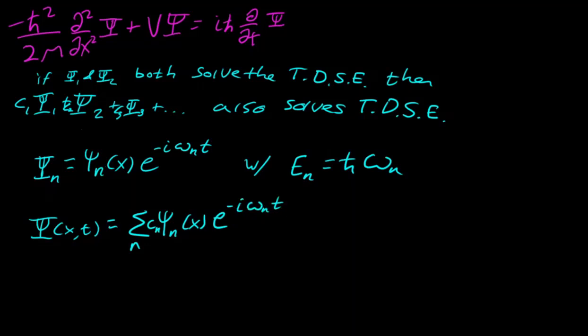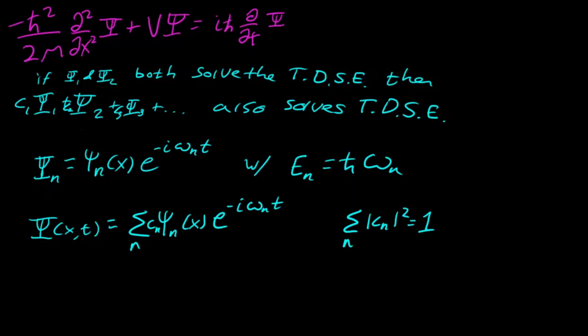Just summing over all possible energies, and then we have a function of both position and time. And of course, we have to have the condition that the sum over all values of n of cn norm squared equals 1. That's our normalization condition, as well as knowing that these psi of x's have to be normalized.